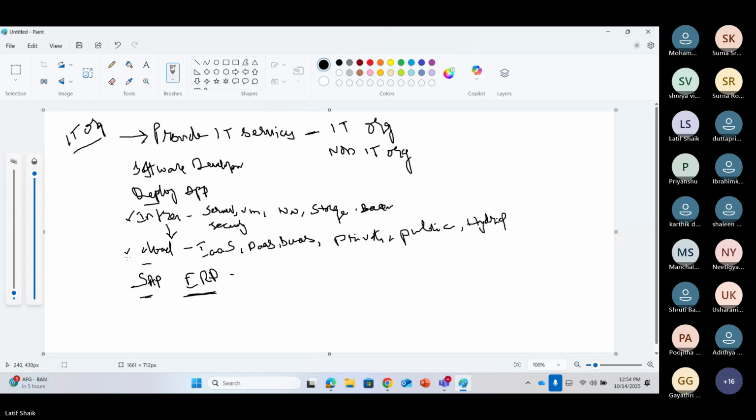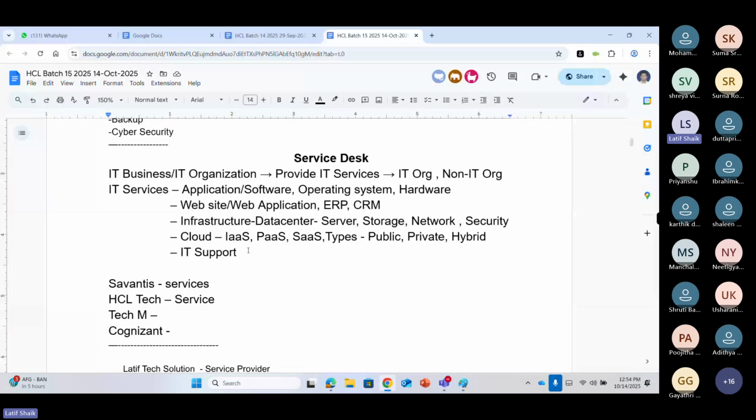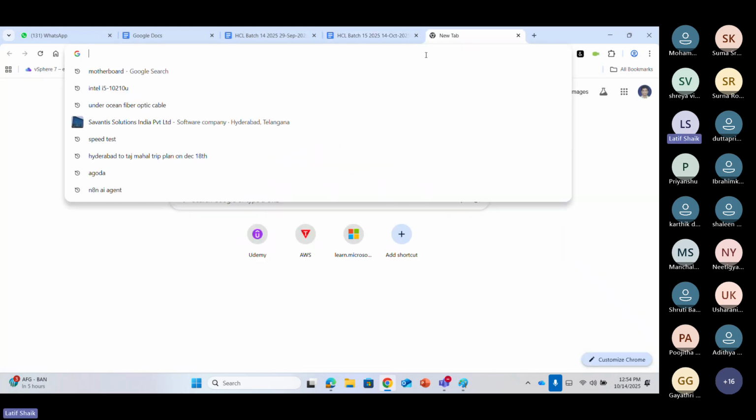Okay, so normally I've written a few names, but I've written some more names here. I wrote IT support separately, but these are all related to IT services. Different IT services are provided by different IT organizations.